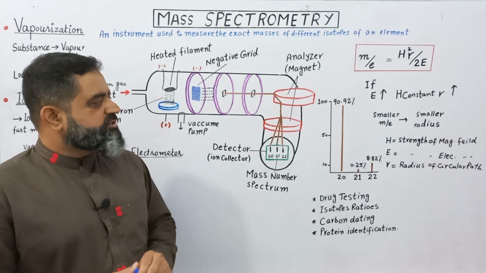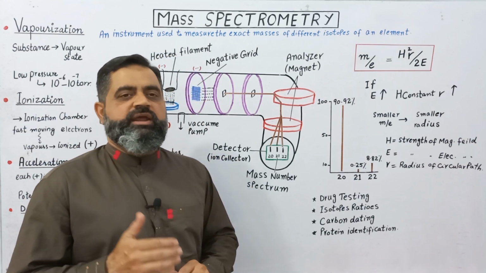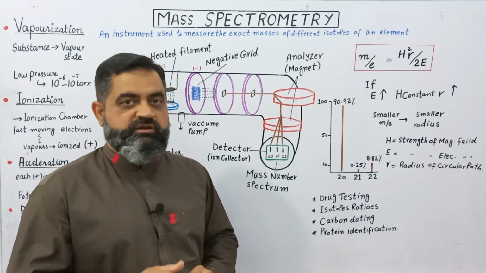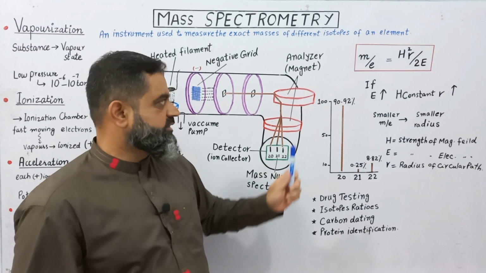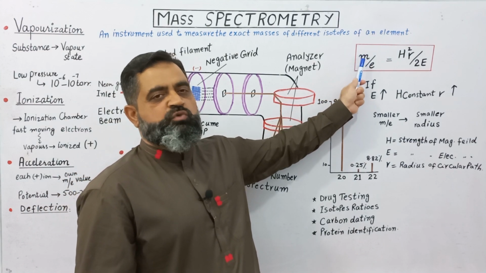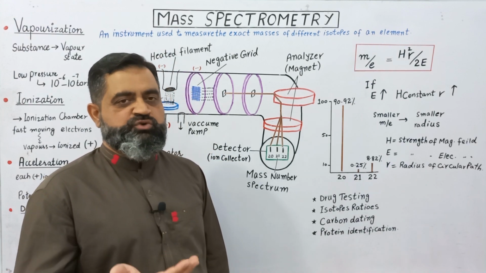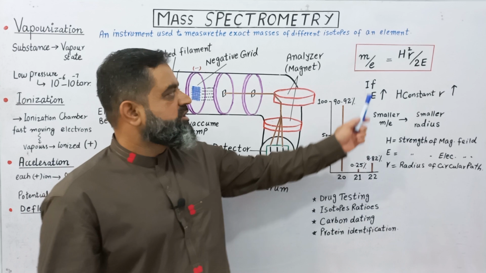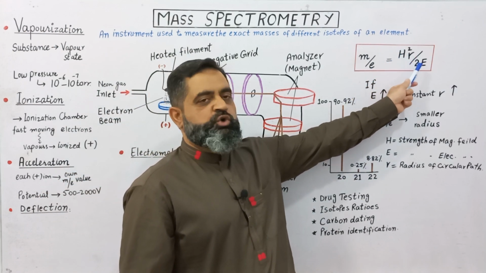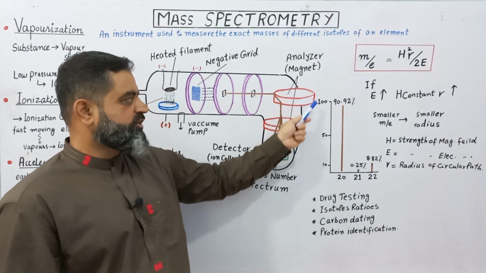We can also use a mathematical formula to determine the mass number and their circular path, and we can calculate their masses and their abundance, which is going to be m over e, or we can write m over z, which is the mass over charge ratio, and every isotope has a different mass over charge ratio, which is equal to H square r divided by 2E, where H is the strength of the magnetic field, which we're going to use right over here.